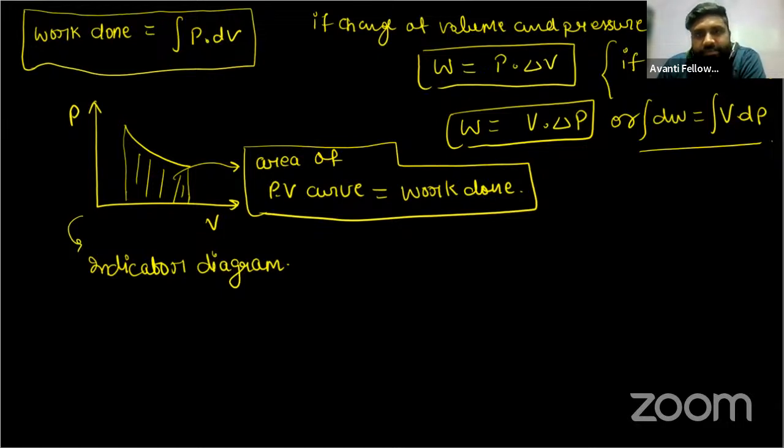Work done is also P into delta V. So we can say that this graph gives you the work done.